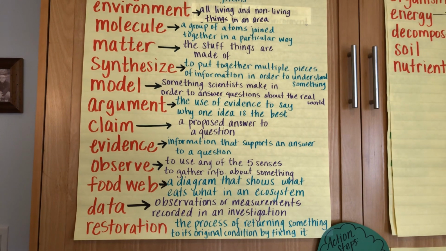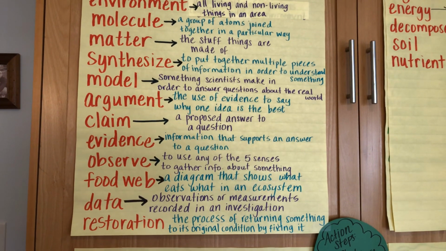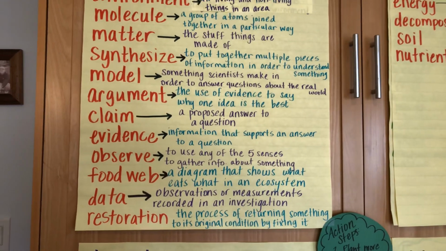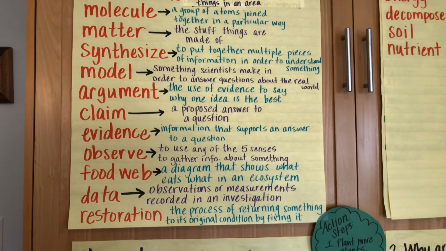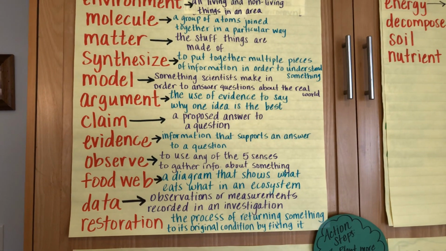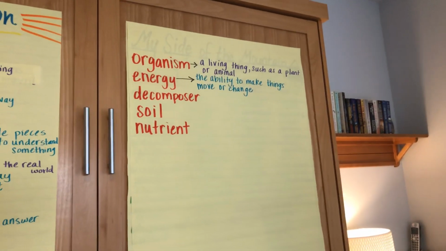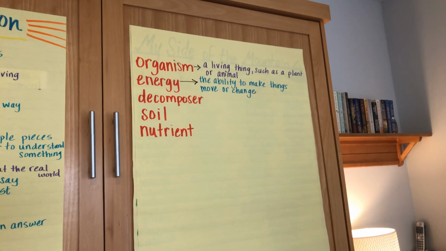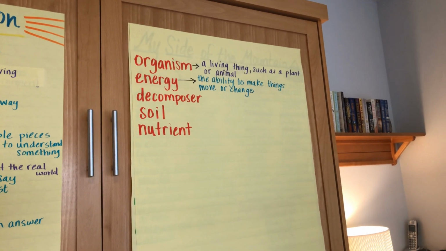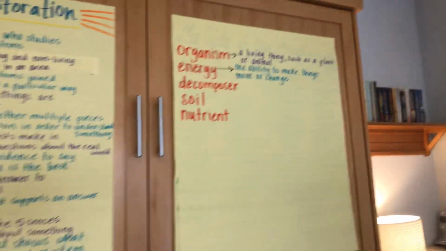And then we've been looking at some data, some observations and measurements that are recorded in an investigation. We made a restoration plan. Restoration is the process of returning something to its original condition by fixing it. And then 2 of our new vocabulary words are organism, which is a living thing such as a plant or animal, and energy, the ability to make things move or change.